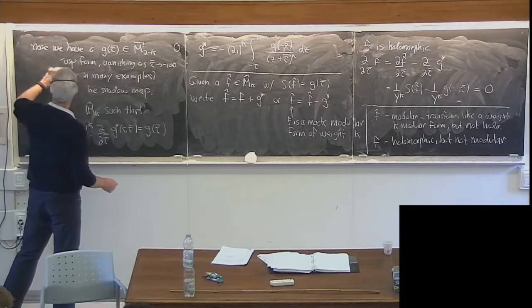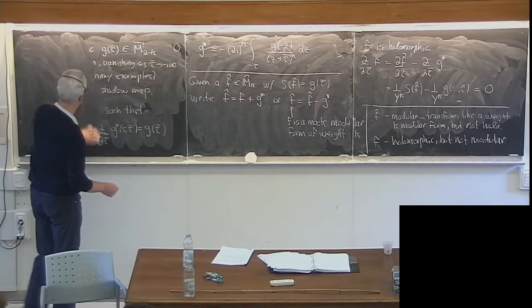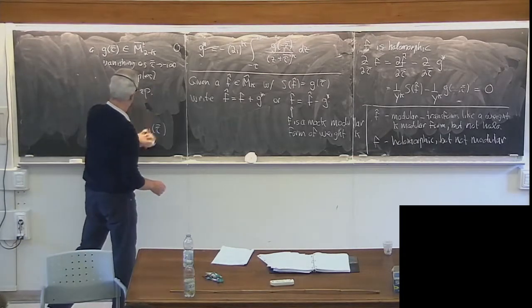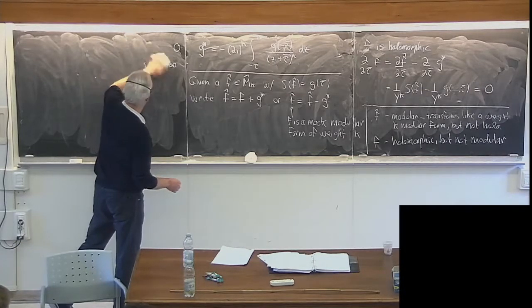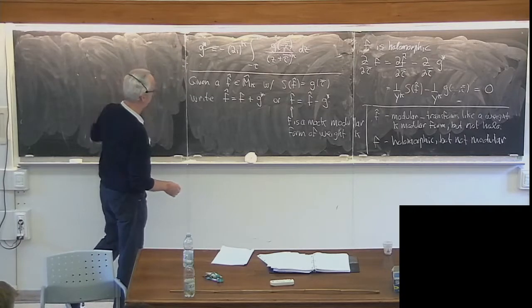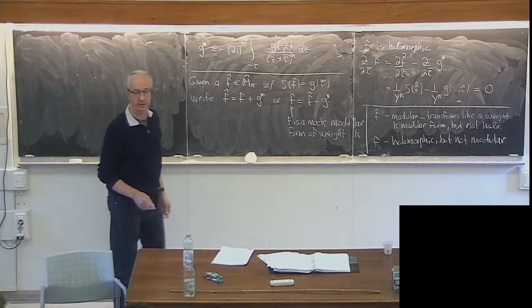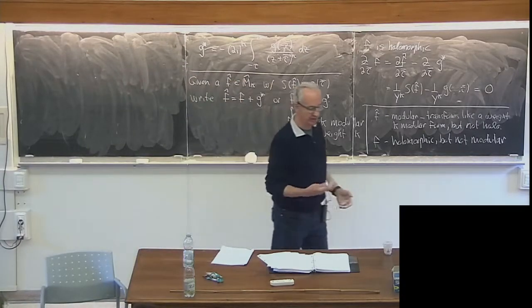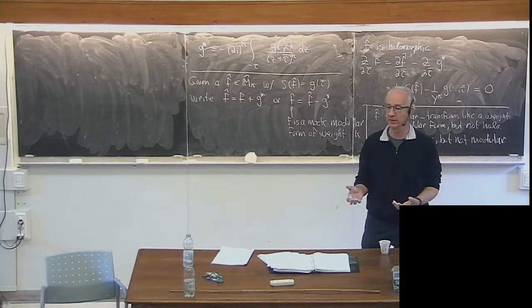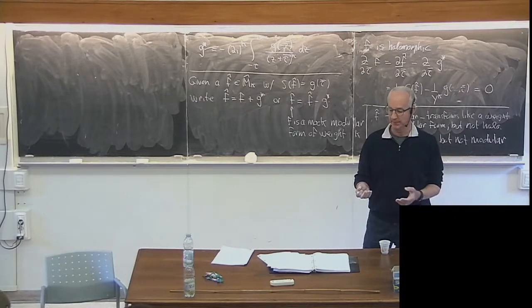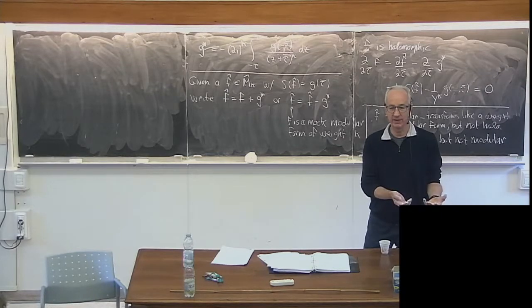And situations like this occur in physical settings. For example, they often occur in the analysis of supersymmetric theories, where supersymmetry often requires certain terms in the effective action to be holomorphic functions of fields. But if you try to integrate out some massless fields in the theory and get some kind of effective action, you'll often find that it's not holomorphic.